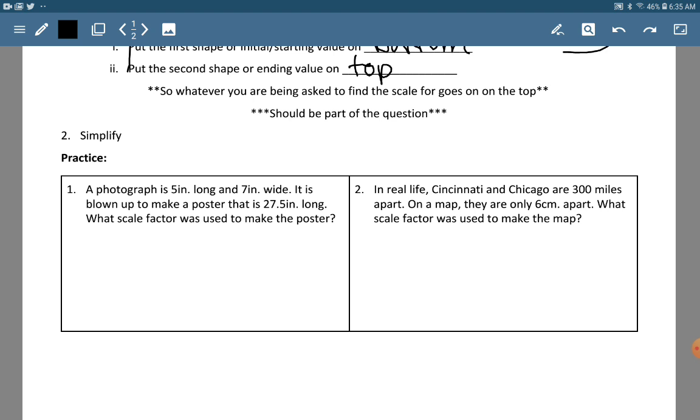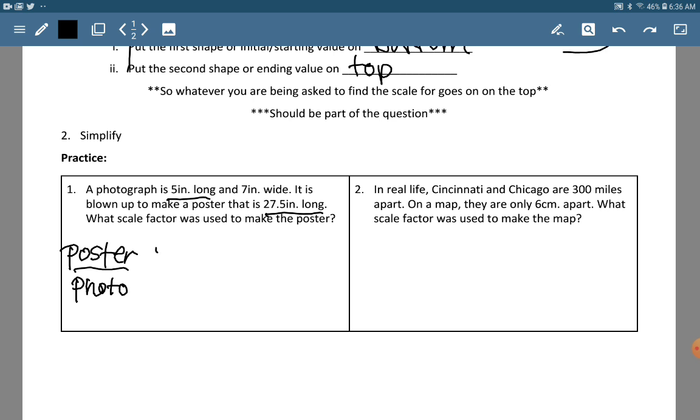What we start off with is on bottom, which is the photo, and we ended up with the poster. They give us the length and the width of the photograph, but they only give us the length of the poster, which means we can only use the length numbers to help us figure out the scale factor.